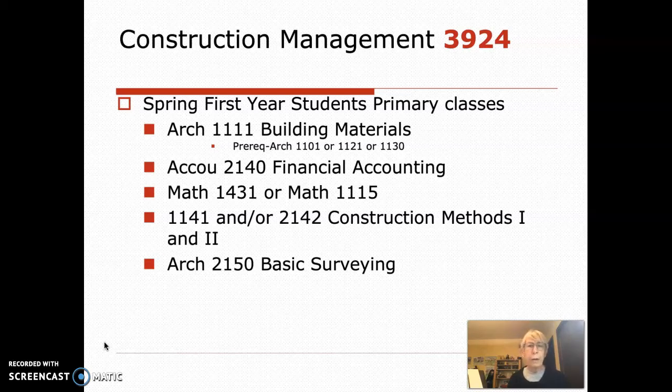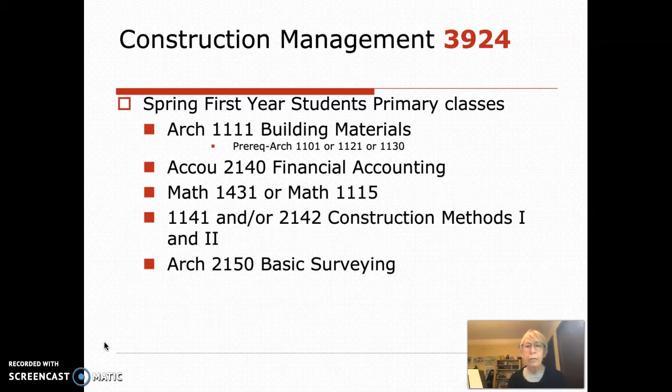We also recommend that you take Accounting 2140, Financial Accounting. It's required for the degree. Your math class, 1431 or 1115, and math really is a big question depending on where you want to transfer to, assuming you want to transfer. So speak with one of the faculty members to get good guidance on that decision.